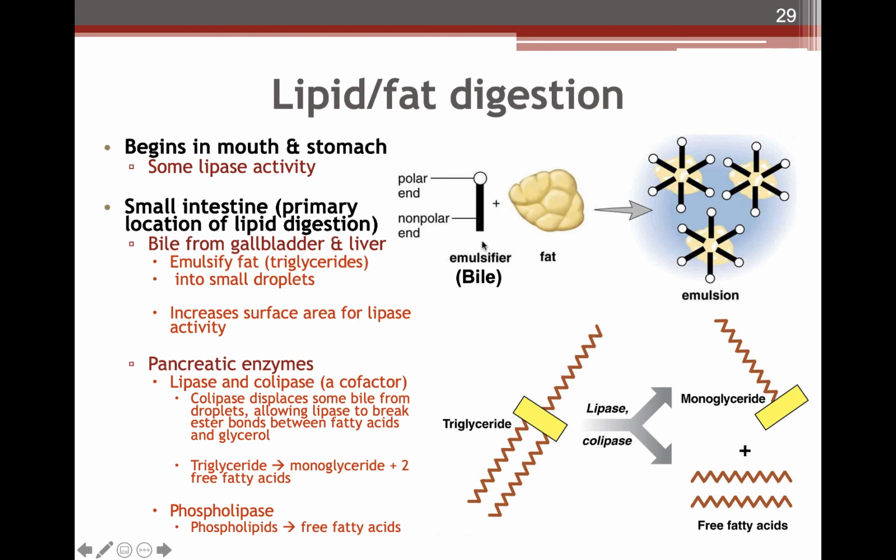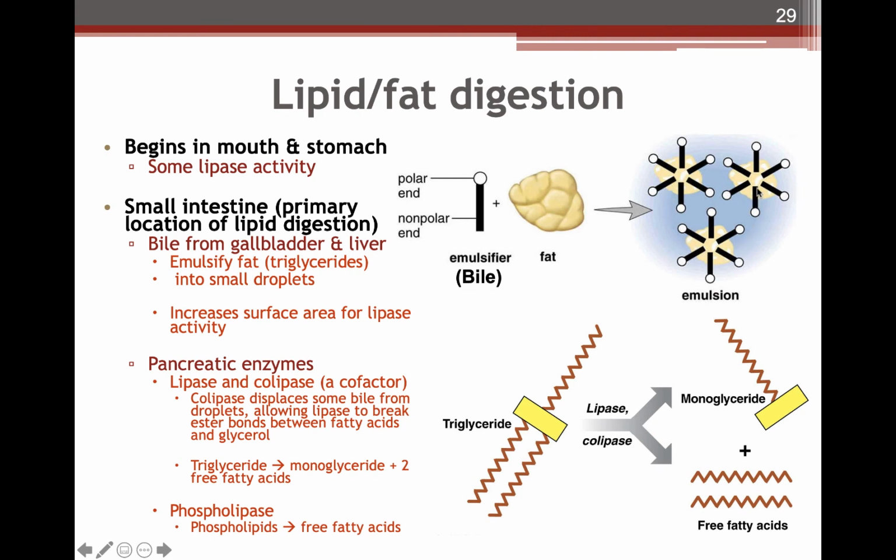And so what happens when bile is released from the gallbladder, it was originally synthesized in the liver, but once it's released from the gallbladder into the small intestine, it will emulsify big, huge fat globules of triglycerides into smaller droplets. The nonpolar end will insert itself into the fat, and the polar end will face out towards the water. And so it emulsifies the fat.